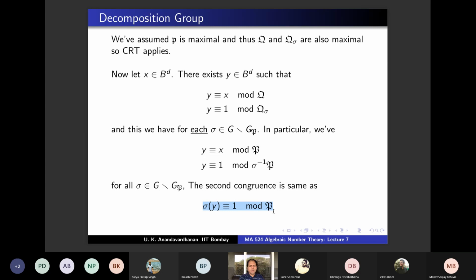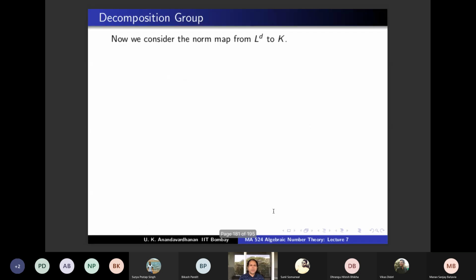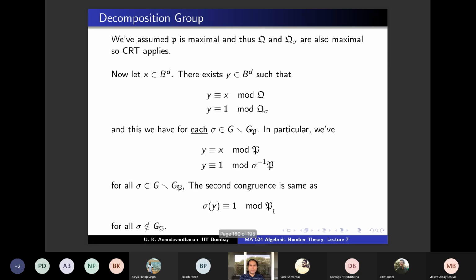This is true for all sigma outside GP, and now we are going to consider the norm map from LD to K. Okay, so LD to K, what will be the norm map?